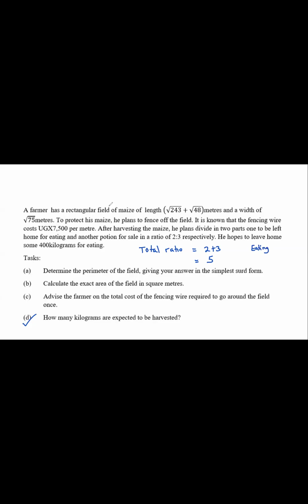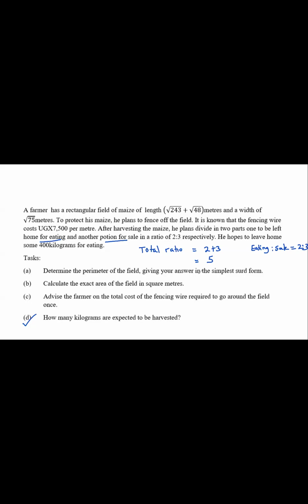So we have a portion for eating and another portion for sale, which is 2 to 3.